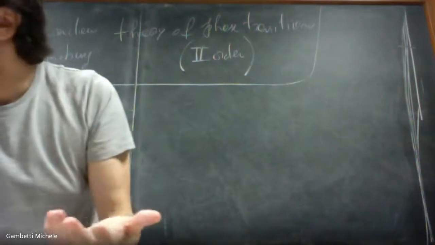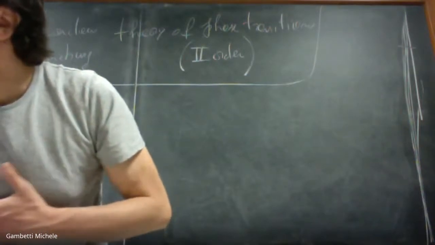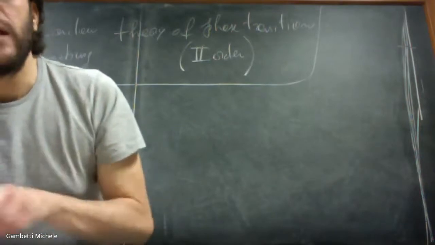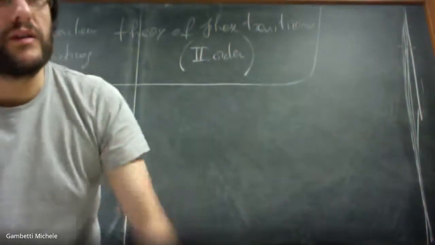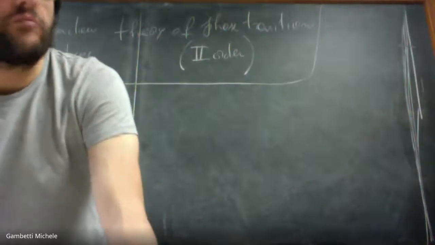So that's why Landau-Ginzburg thought it was useful to construct a theory which has as input the order parameter. In the Ising model this quantity is the magnetization, but in general it could be anything else.